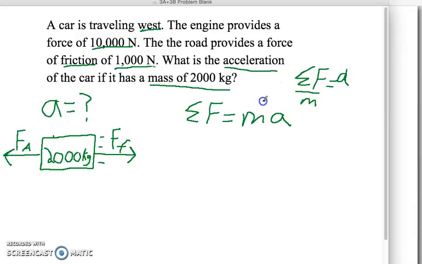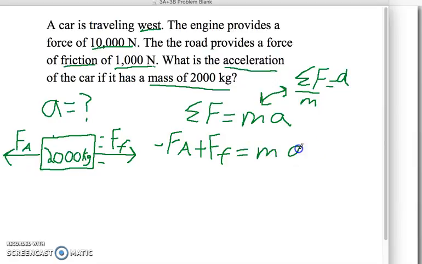Again, these are both equivalent. So we're going to start to plug into this equation. We have two forces. We have a negative force from the engine, so negative Fa, because it's going west. And then we have a positive force of friction, because the force of friction would want to cause it to move more east, or at least slow it down from going west. So it's going to be positive, because the force of friction is really in a positive direction.